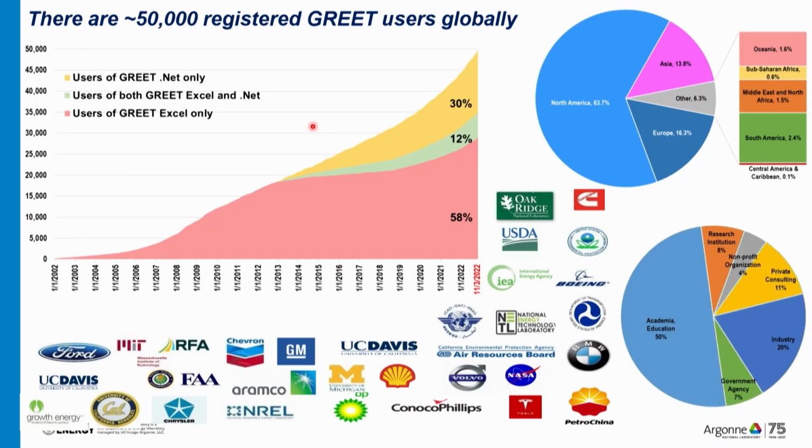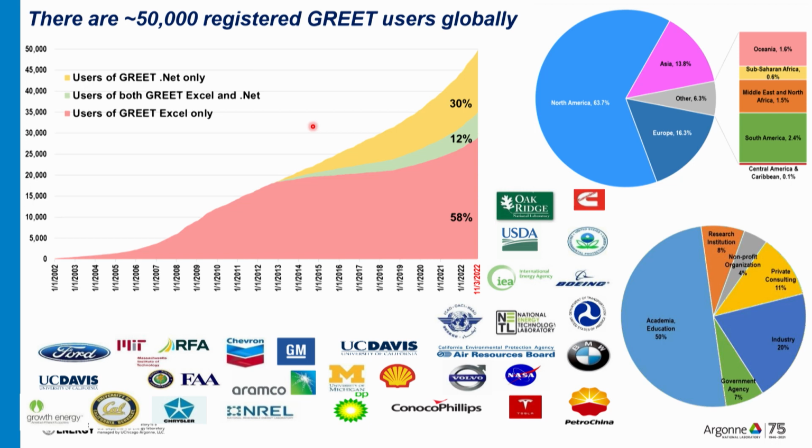There are 50,000 registered GREET users globally. GREET is being used by a variety of organizations, as you can see from the logos all around: research organizations, companies, even the US EPA and other government authorities. So it's well received.